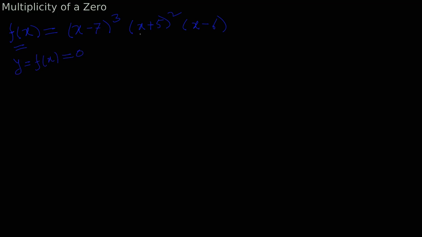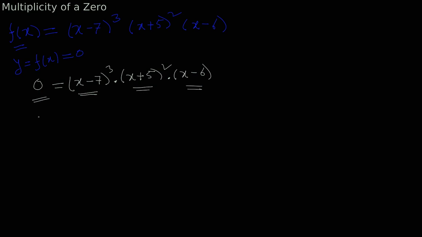So ultimately what I get is 0 equals (x minus 7) cubed, (x plus 5) squared, multiplied by (x minus 6). Now as you can see, I have three different mathematical expressions, and these are in what form? Product form. And the product equals 0.